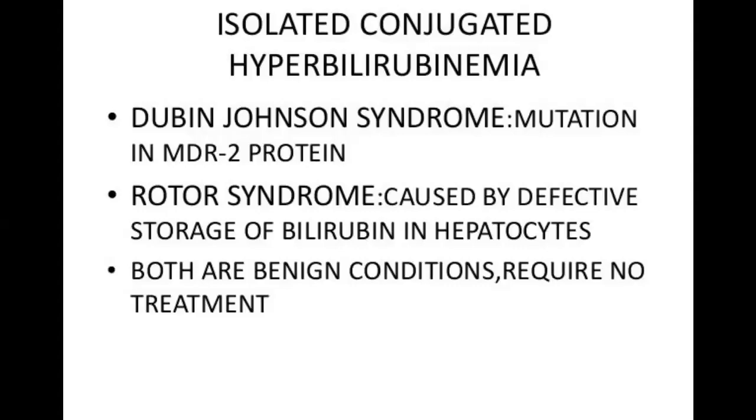There is a specific gene protein mentioned in Harper's which is associated with Dubin-Johnson syndrome, your MDR2 protein. Rotor syndrome is caused by defective storage of bilirubin in hepatocytes. Take note, both Dubin-Johnson and Rotor syndrome are benign conditions. They don't require any specific treatment.